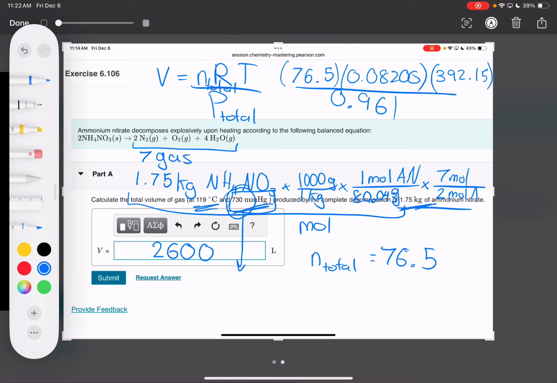Maybe I would say, calculate the total volume of the gases produced, nitrogen, oxygen, water. The problem itself is fine. I just would probably word it a little bit nicer. Because to me, that's only 2 calculations, right? It's a stoichiometry calculation, and then it's a PV equals nRT calculation.